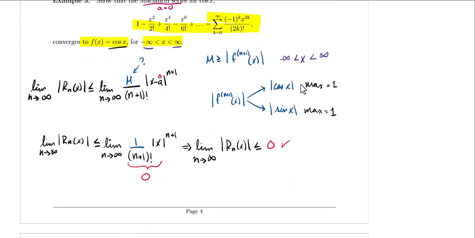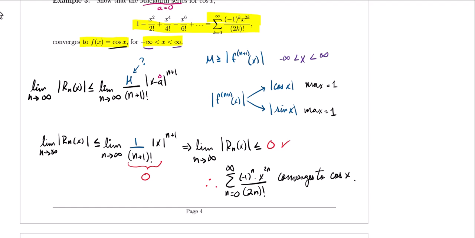So this one here, we can just end it here by saying, therefore, the power series for cosine, given here by the power series as n goes from 0 to infinity for negative 1 to the n times x to the 2n over parentheses 2n factorial, converges to the cosine function. And there we go. That'd be it for this problem.